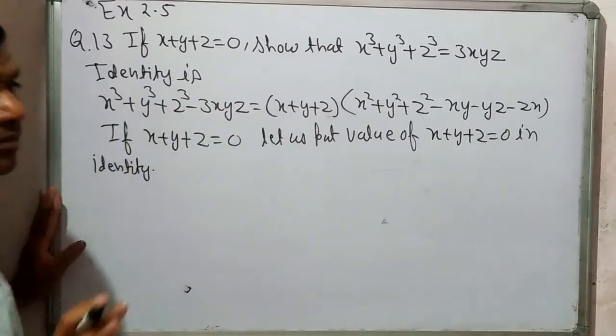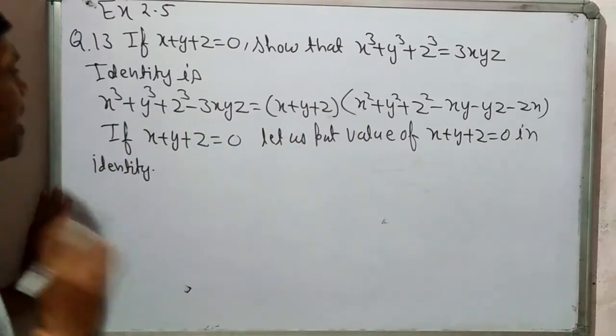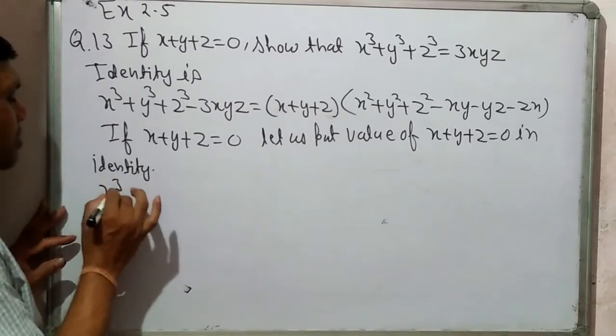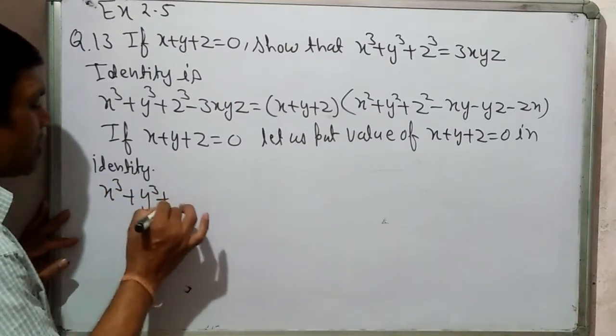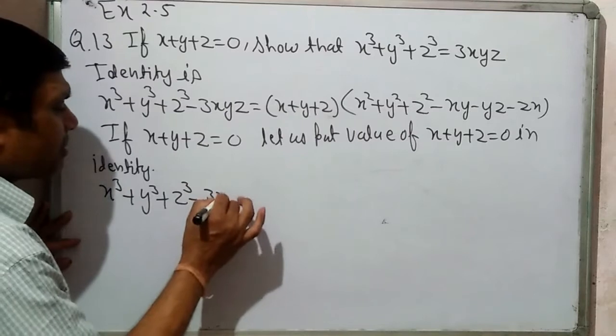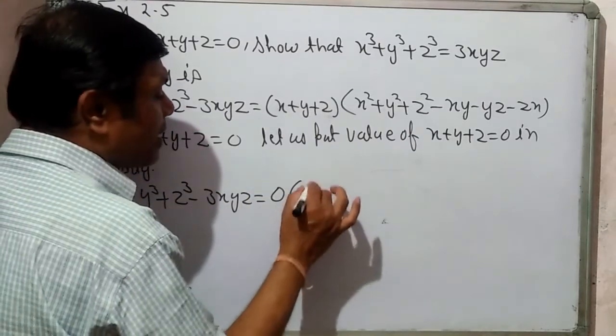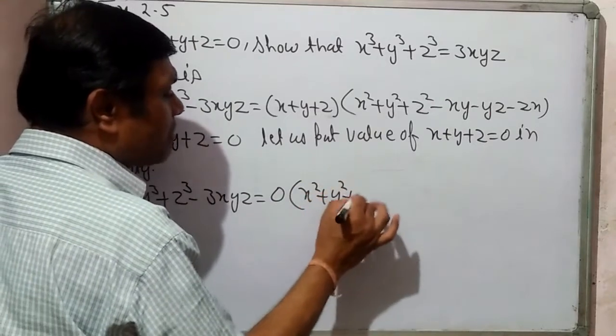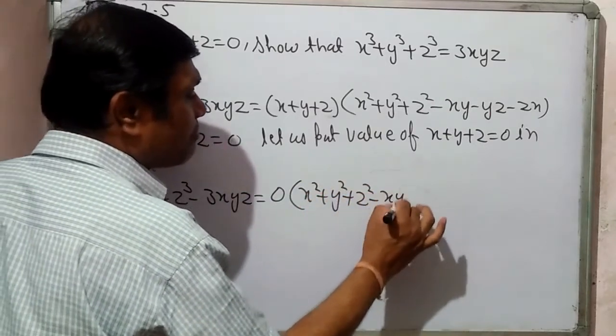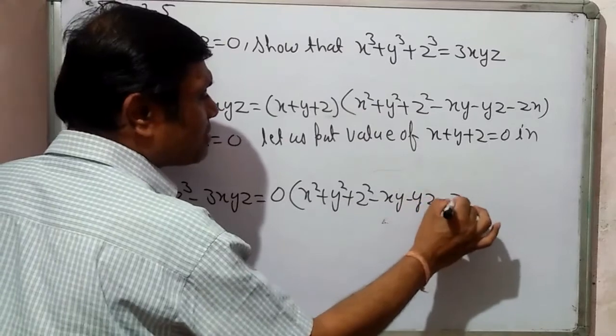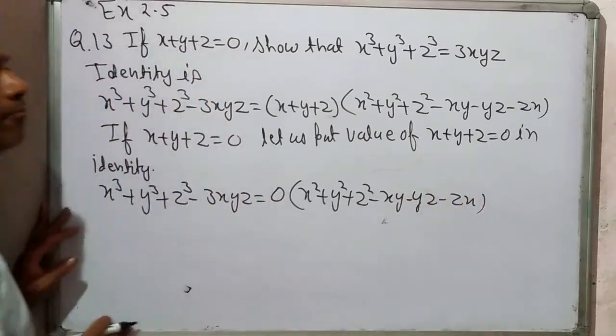If we put the value in the identity, we have x cube plus y cube plus z cube minus 3xyz equals 0 multiplied by x square plus y square plus z square minus xy minus yz minus zx.